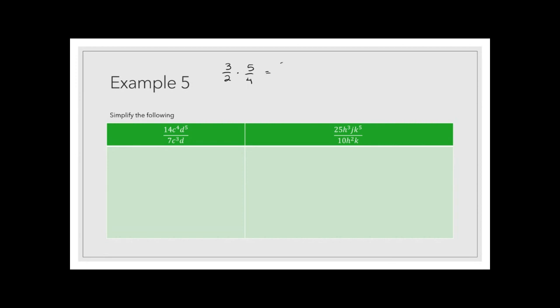When we multiply fractions, we're multiplying the top together, and we're multiplying the bottom together. So if I have something that looks like what's on the right, I can split these back up into two separate parts. So I can move from something on the right to something on the left, instead of going from the left to the right.